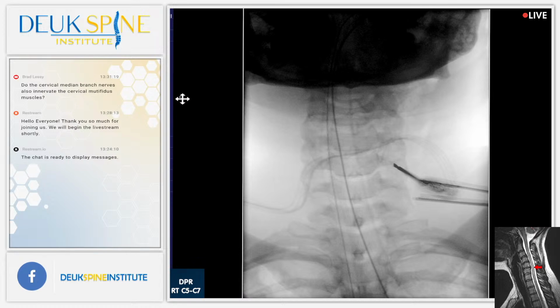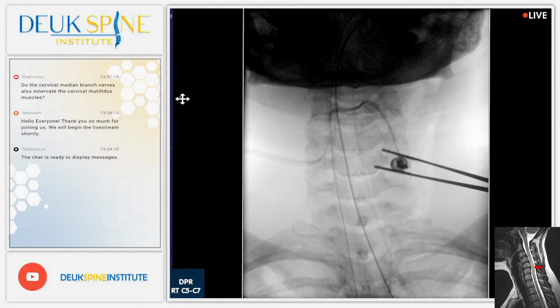There is another nerve that comes off the same part of the main root that continues to innervate the muscles, and there's another branch that goes back to the skin. But the nerve that we're destroying right here at the waist of the lateral mass is just a sensory nerve, and there's no motor fibers. So to innervate a muscle, you have to have motor fibers that go to the muscle. And this patient, where we're burning the nerve, is just sensory. All right.